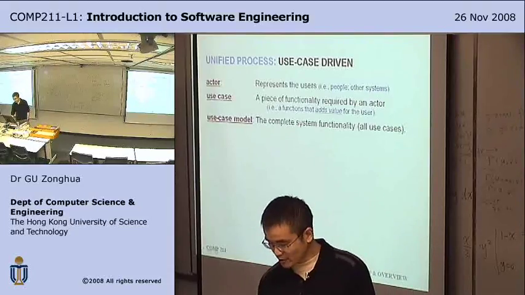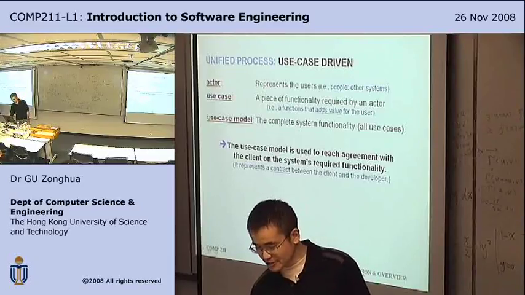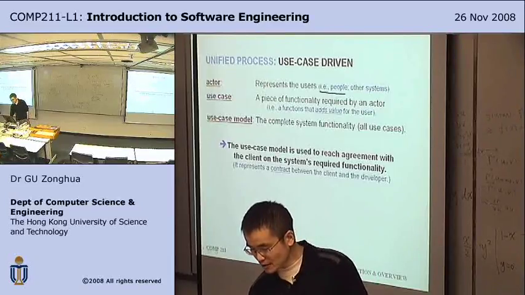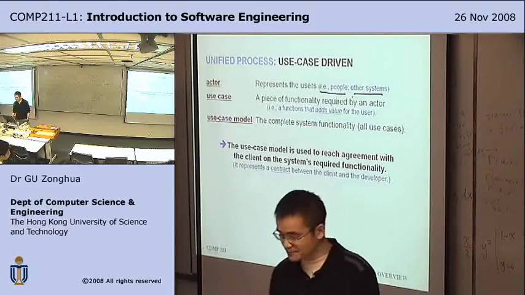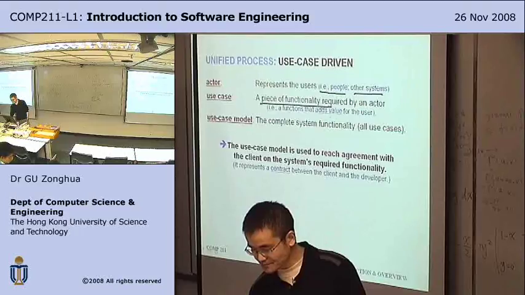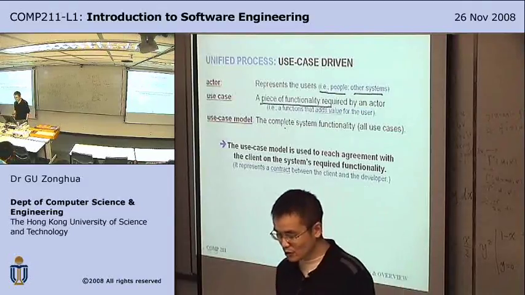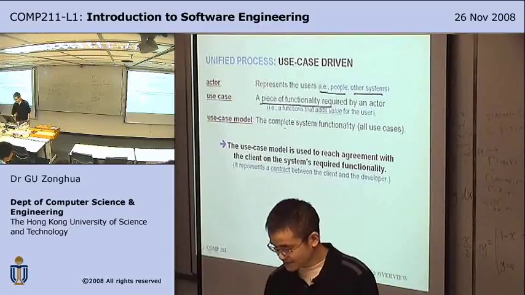So use case model we discussed in requirements stage. Actor is the user or human or other systems like billing system or time. Use case is a piece of functionality. And use case model is the complete functionality, including all the actors and use cases.